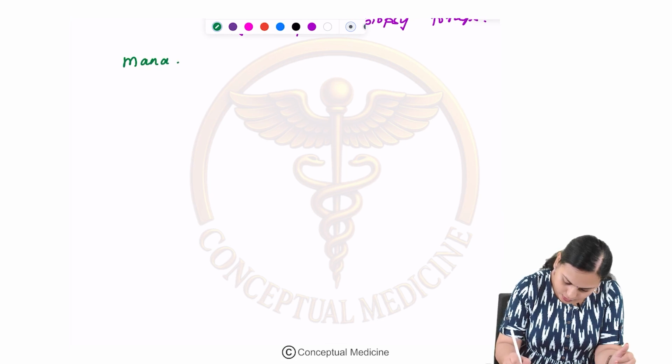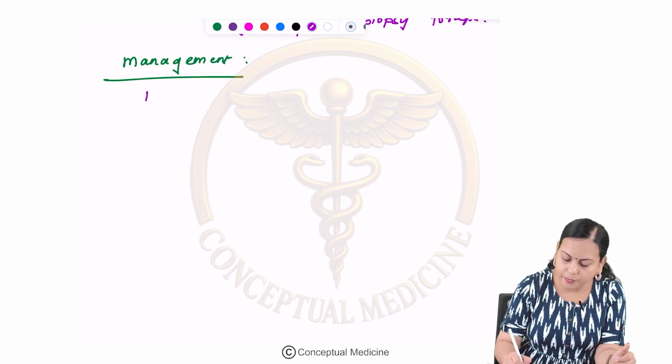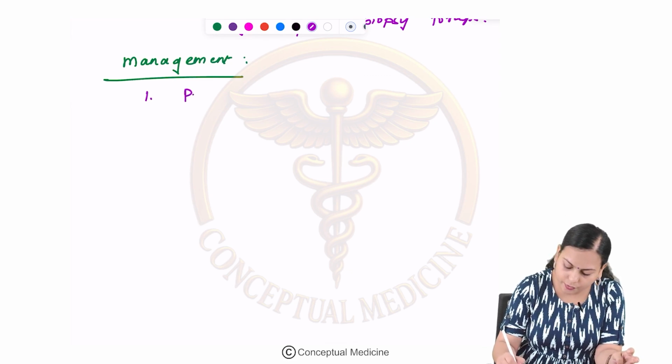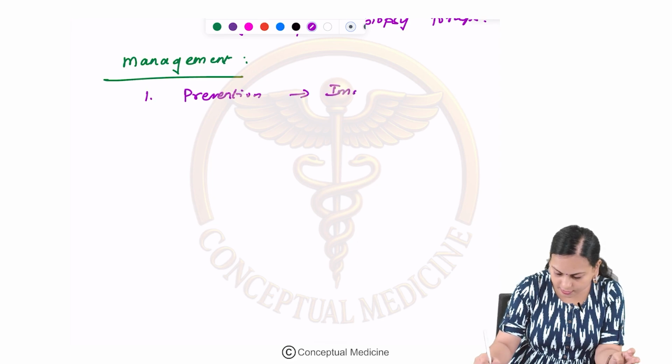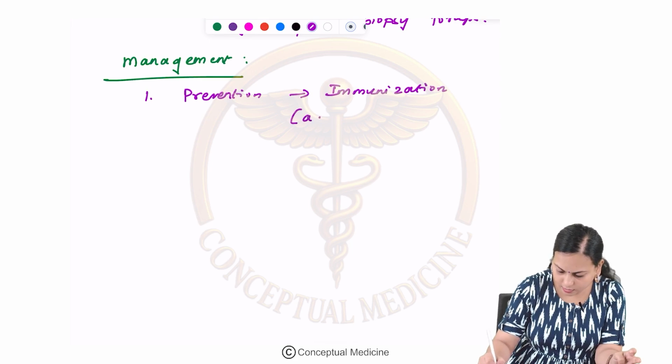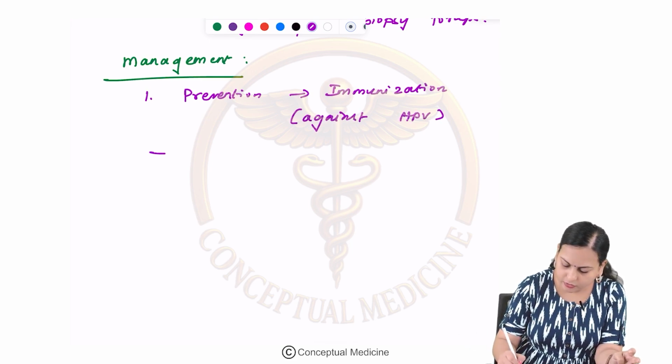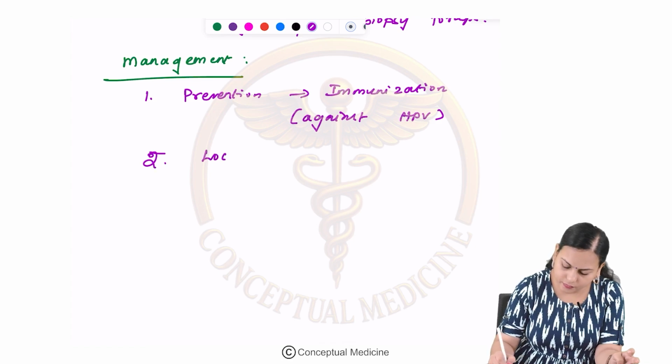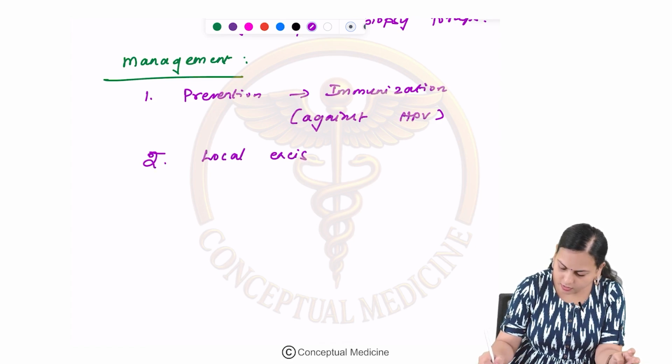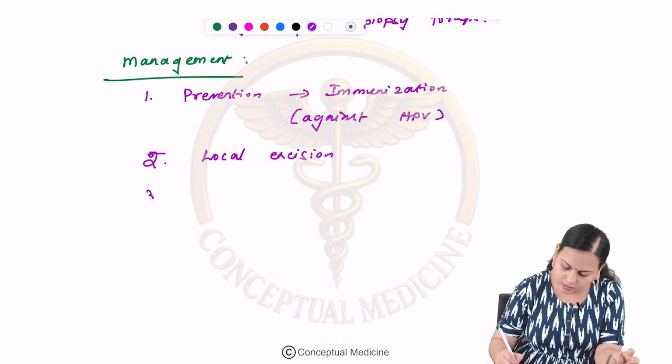Then let us also discuss how to manage this condition. Management: first, you have to prevent HPV infection, so prevention of HPV infection by immunization. Then you can also go for local excision or laser ablation.